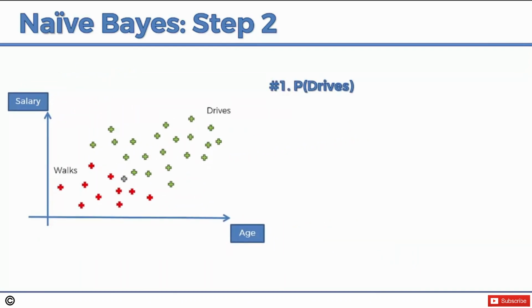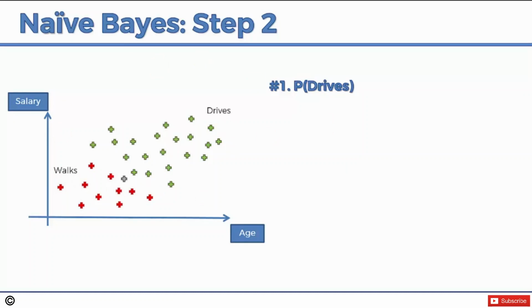The prior probability, there's two ways to think about it. The first way is if I just randomly select a person from our dataset right now, not including the gray dot, not including the new data point, what is the likelihood of them being a person who drives to work? The answer is the number of green dots over the total number of dots.